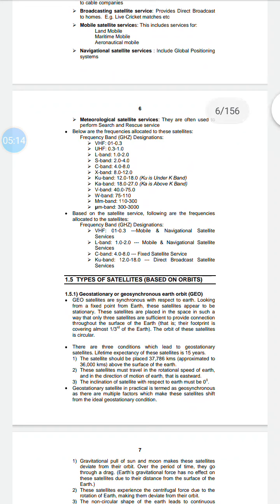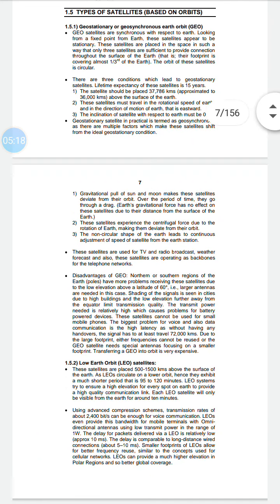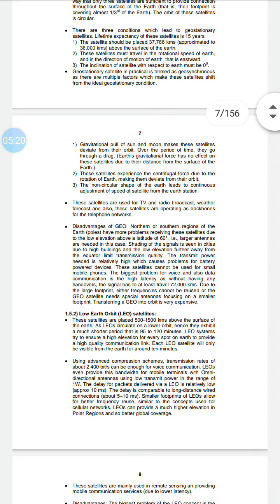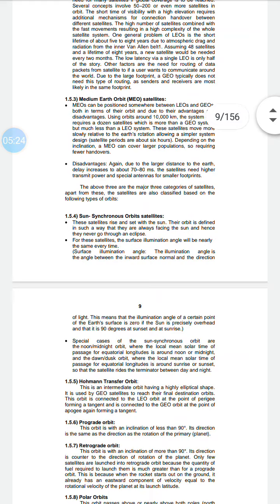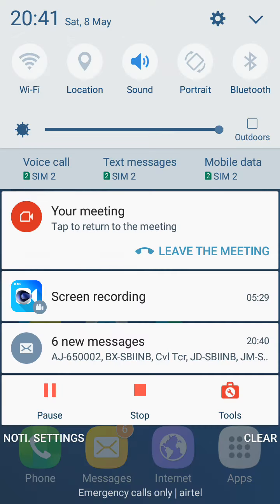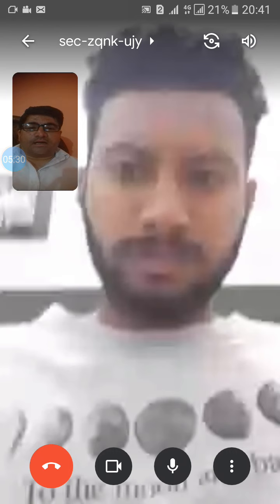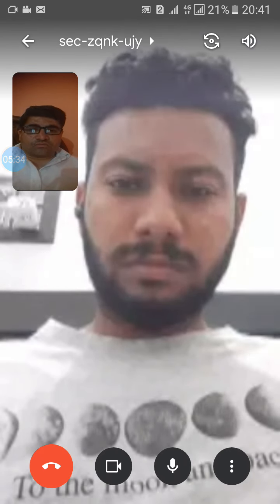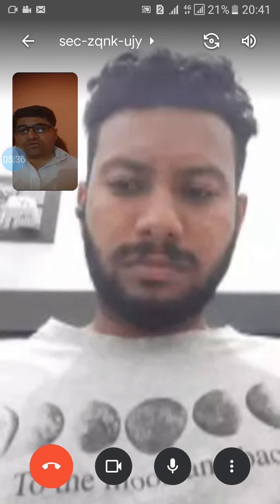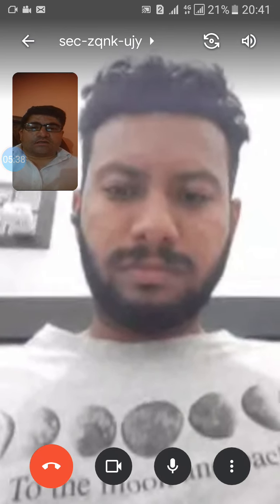Types of satellite: there are three types, the geostationary orbit satellite, the low Earth orbit satellite, and the medium orbit satellite. For all these satellites we have many things to understand, and all these applications have certain benefits.